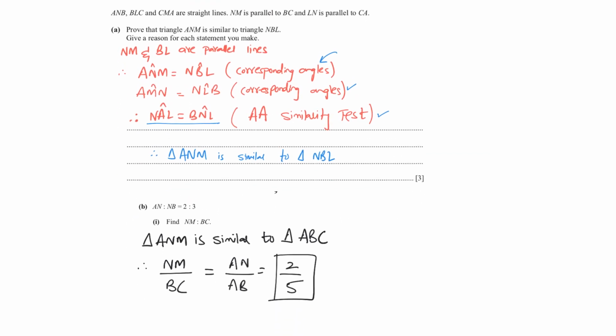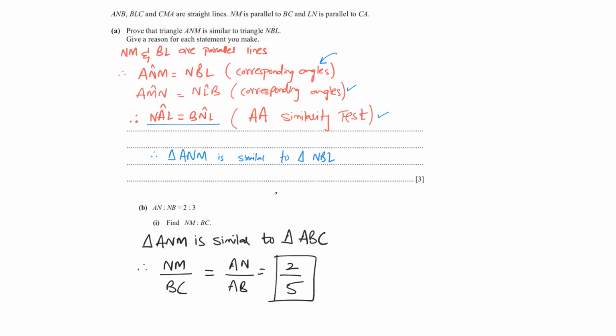If that is the case, then the ratio of NM to BC must be equal to the ratio of AN over AB. See the corresponding lengths. NM corresponds to BC, so NM over BC must be equal to AN over AB.